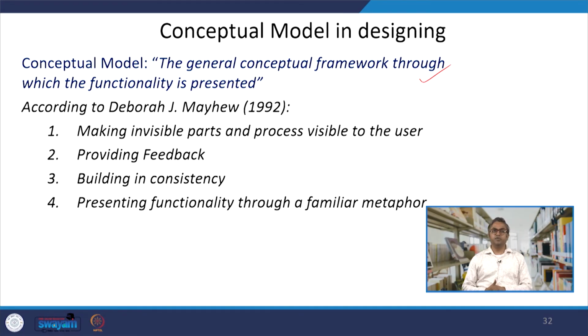Another variable in this regard is presenting functionality through a familiar metaphor. Metaphors provide an easiness to the user. Metaphors are very common in day to day life. He smells like a monkey.